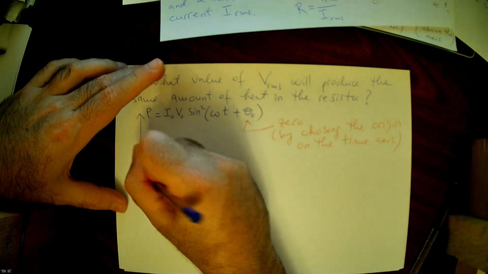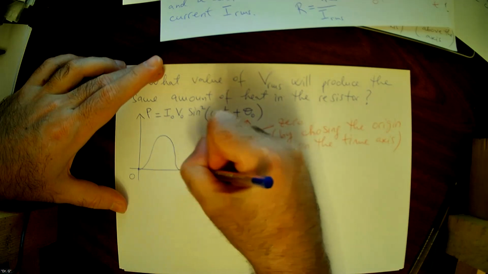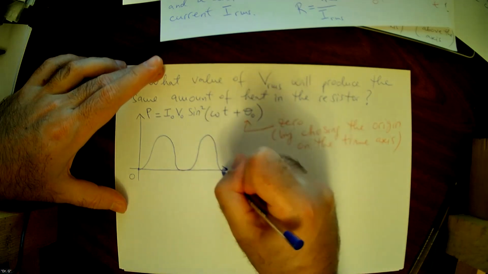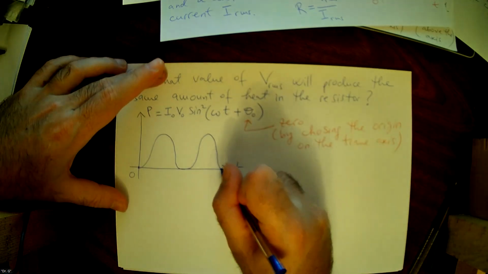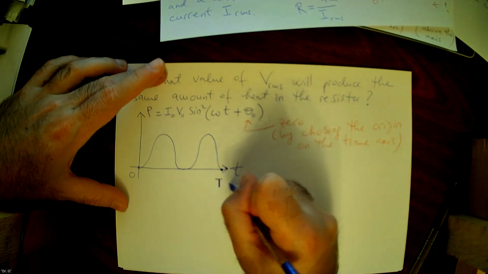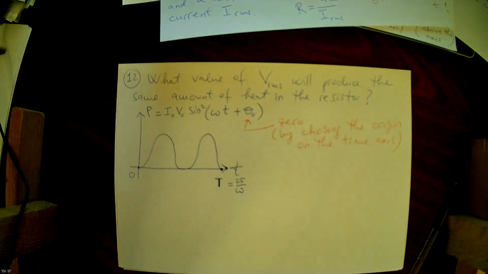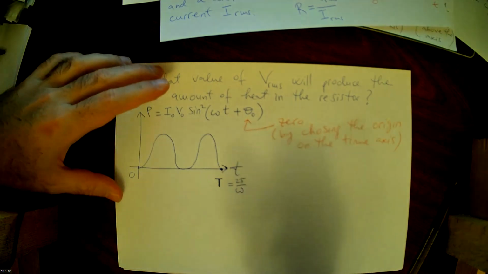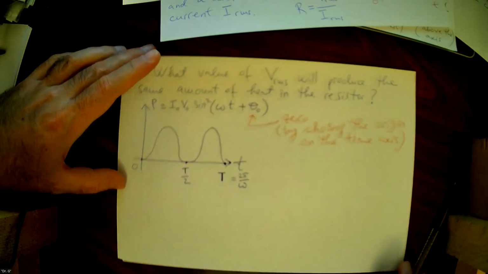And the graph will look like this. Here I have the period, which is 2 pi over omega, because omega is 2 pi over the period. And here, this is the period over 2.